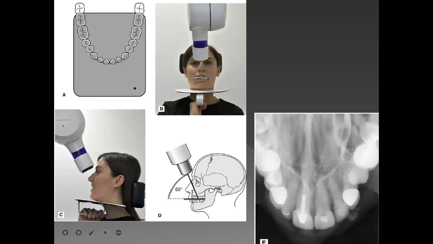This is done to prevent radiation towards the thyroid gland. Now in this, you can see the occlusal aspect of almost the entire maxilla. It's almost as if you're looking at the axial view of a CT scan of the maxilla in this region. So this can give you a rough overview of the entire maxilla, right?